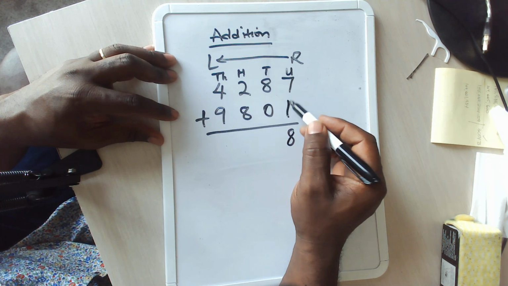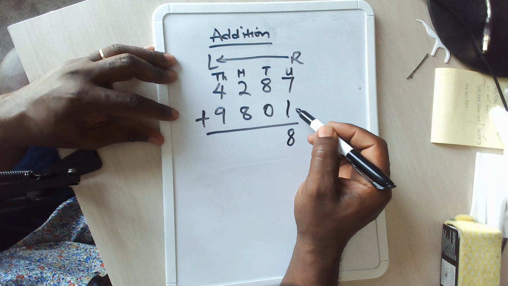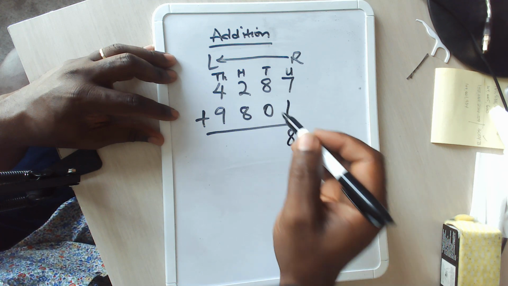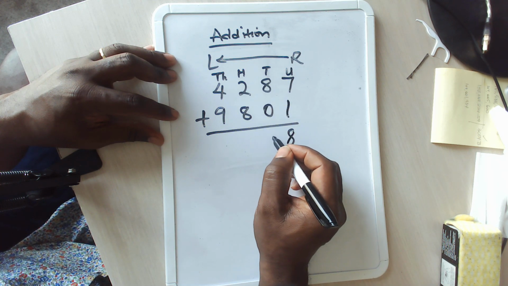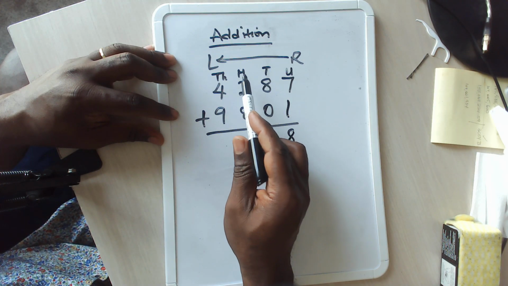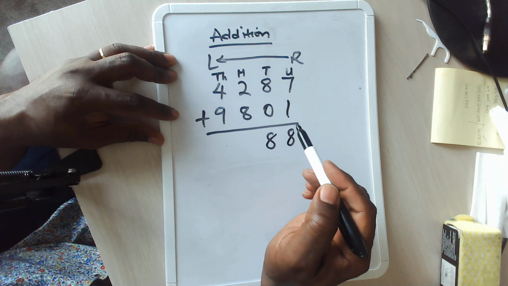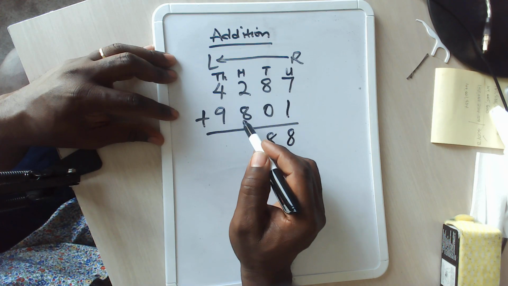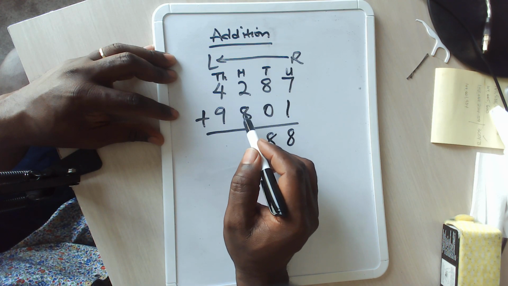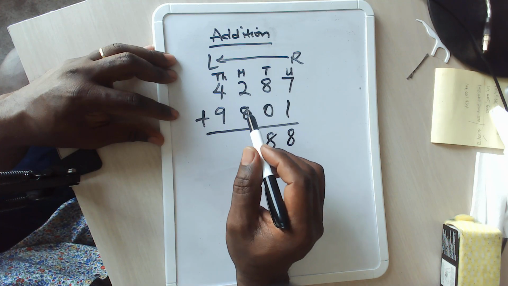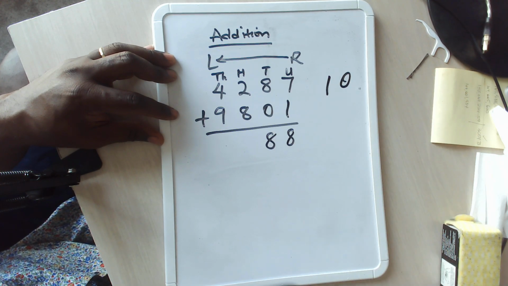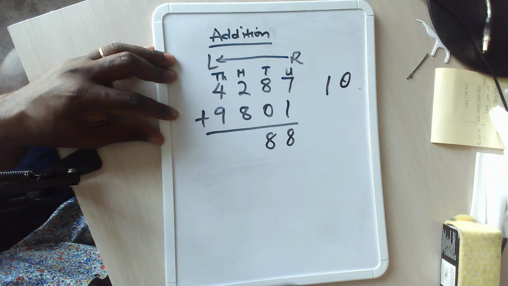Remember, we did not carry anything forward from the unit of ones. So here too, you get 8. Now coming to the column of unit of hundreds, 2 plus 8, not multiply, sorry. 2 plus 8 will give you 10.